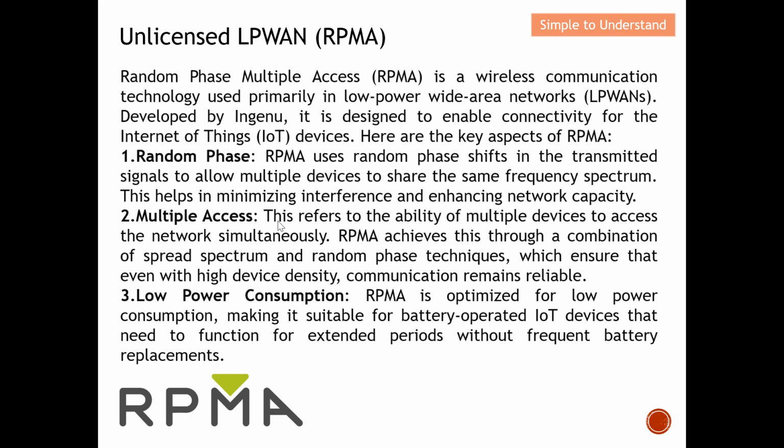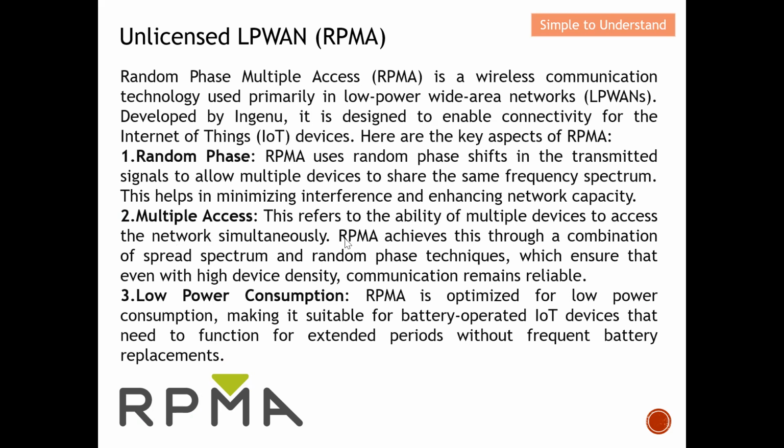Multiple access. This refers to the ability of multiple devices to access the network simultaneously. RPMA achieves this through a combination of spread spectrum and random phase techniques. I have also done a discussion on spread spectrum, which can support multiple users.